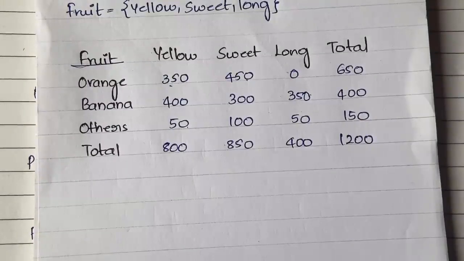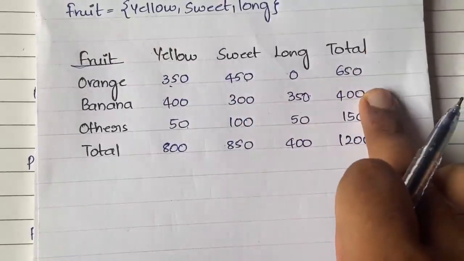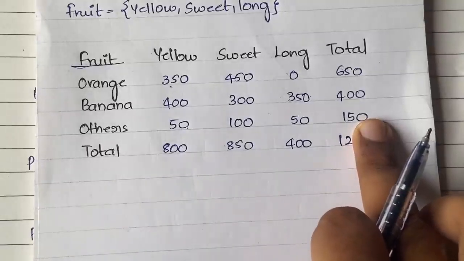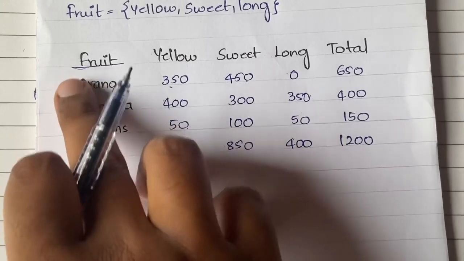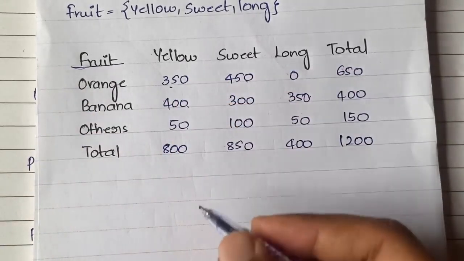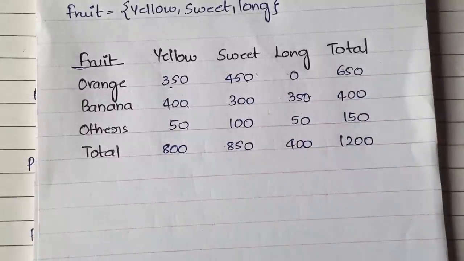So the features may repeat. You have a total of 650 oranges, a total of 400 bananas, and a total of 150 other fruits. Now what is the total number of yellow fruits you have, orange, banana, and others all together? You have 800, 350 plus 400 plus 50. Here you have 850, and here you have 400. Now we are done with the table.